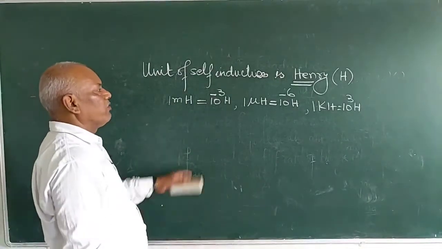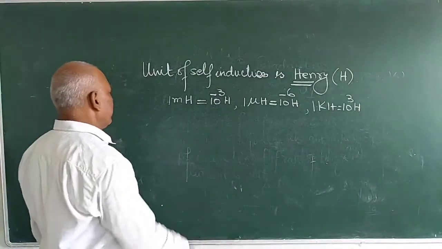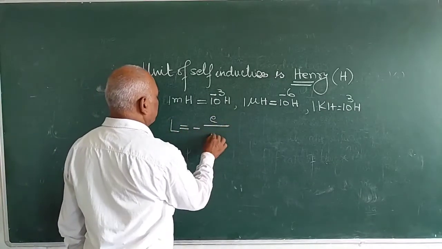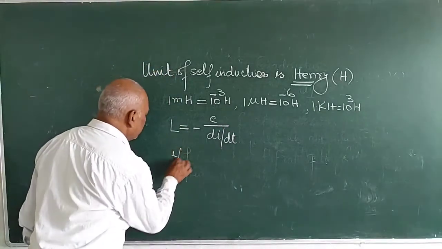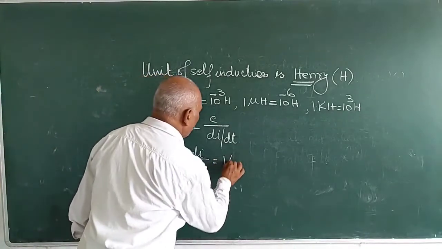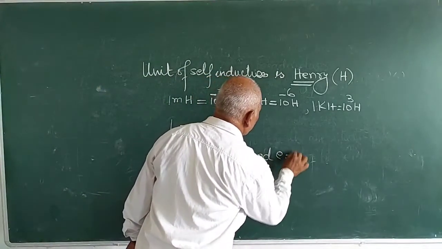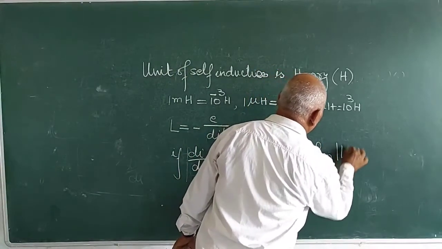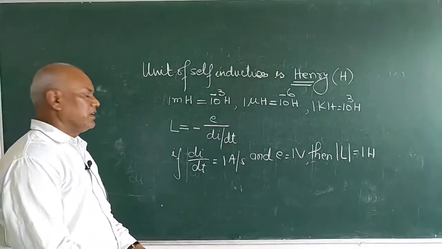If you want to define 1 Henry, what will be the definition of 1 Henry? It is generally asked. Suppose L is equal to minus E upon di by dt. If di by dt is equal to 1 ampere per second and E is equal to 1 volt, then modulus of L is equal to 1 Henry. So what will be its definition?